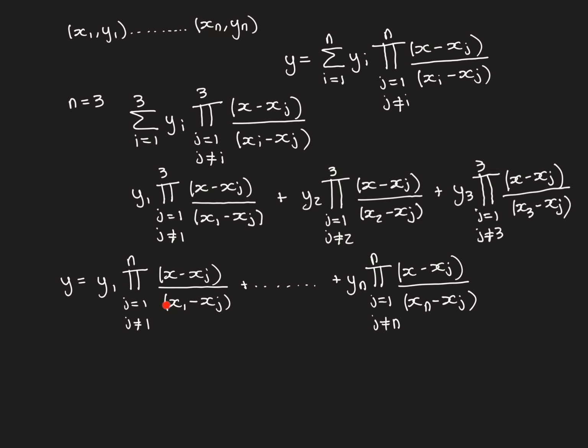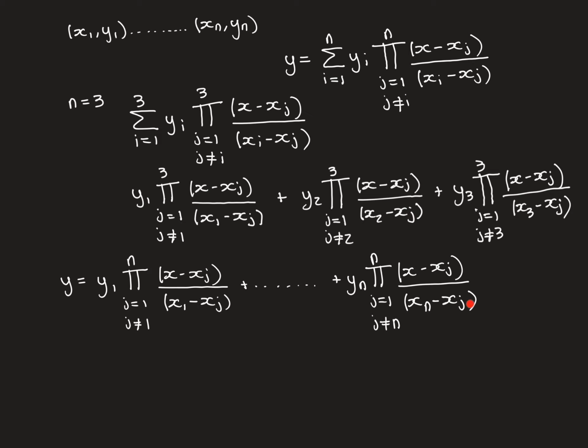And the thing that's making it equal 1 is that you're then dividing through by x1 minus all these xj's, so that when you put in x1 into this polynomial, it will give you 1. Meanwhile, on all the other ones, you won't have excluded j is equal to 1, so you will have an x minus x1 term. So when you put x1 into all of those, they will vanish, so that you just get that the answer is y1.